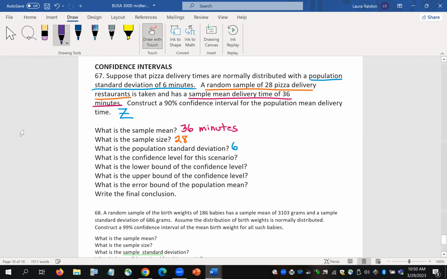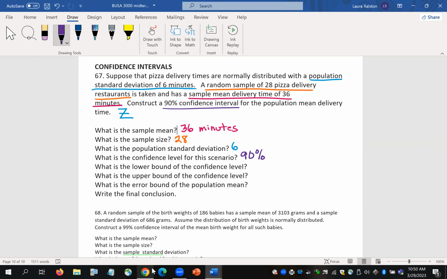The confidence level we need to create is 90%. From that, I need the upper bound, the lower bound, calculate the margin of error, and write the conclusion.